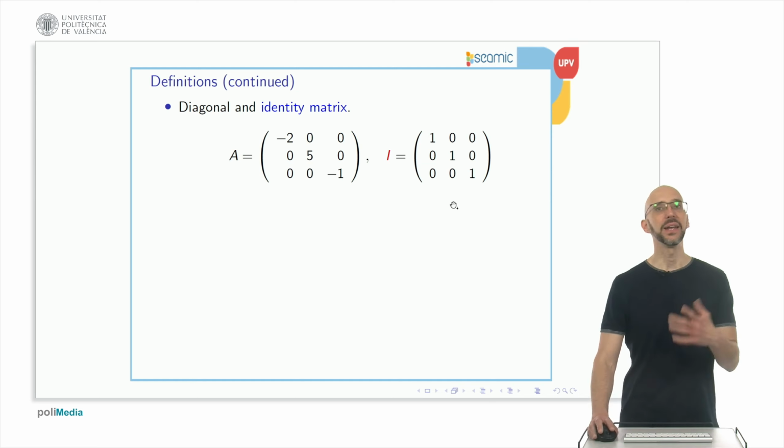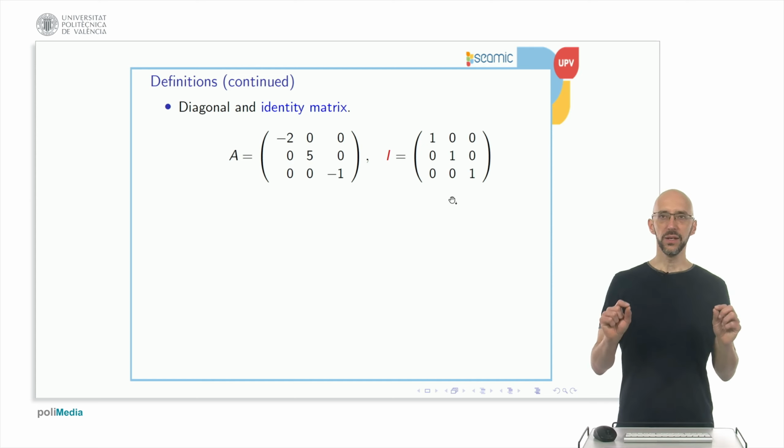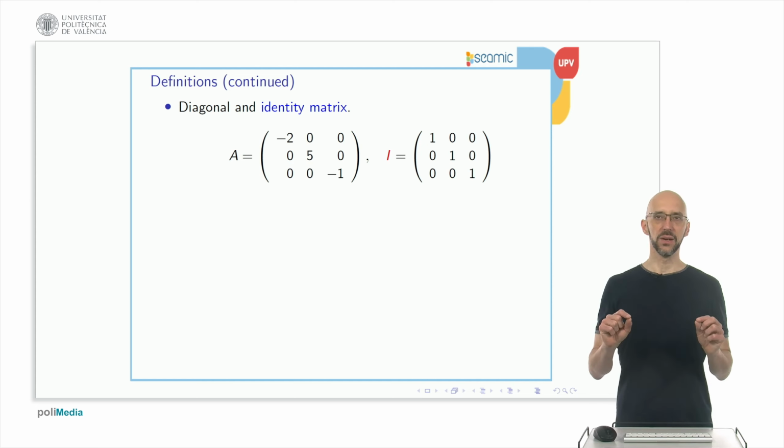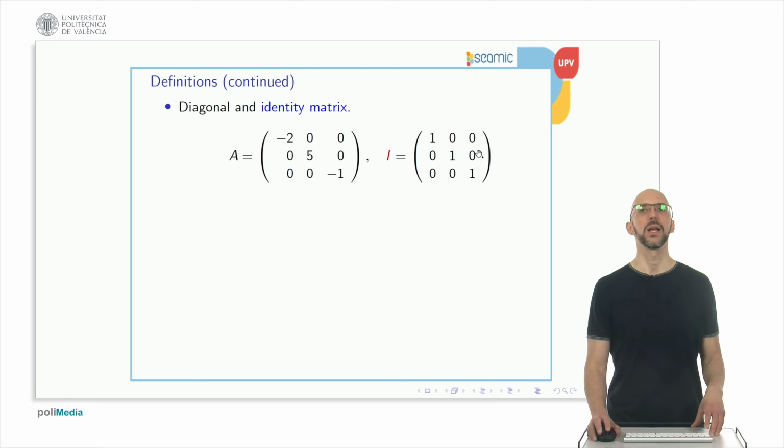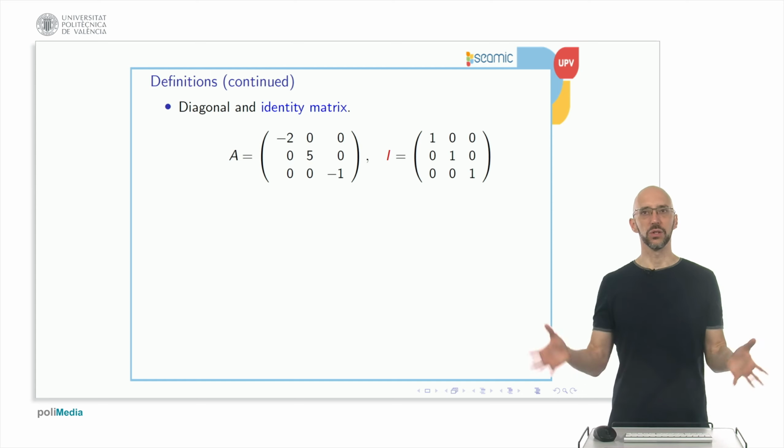And it's a very important matrix. Key note, be careful. The identity matrix should always be square, I mean, the same number of rows and columns. It's completely different from the null matrix, which was all zeros but could have any shape.